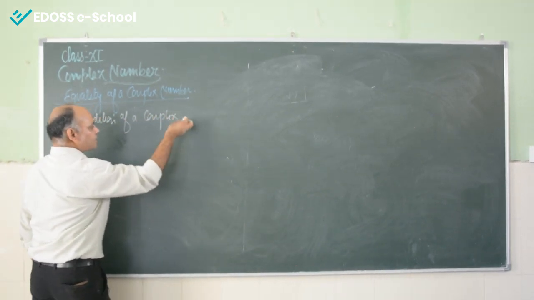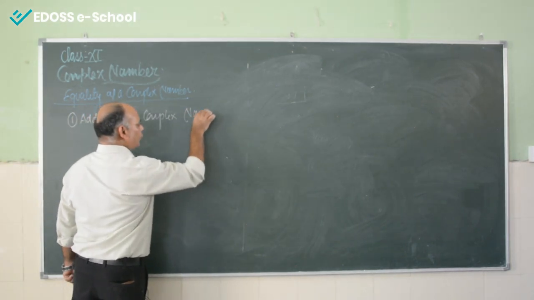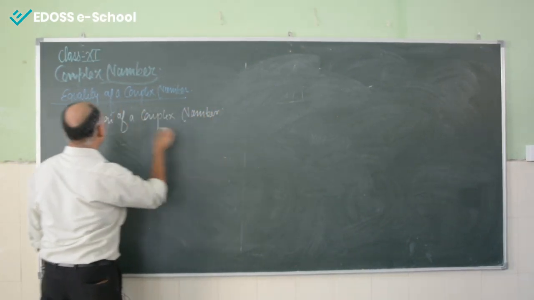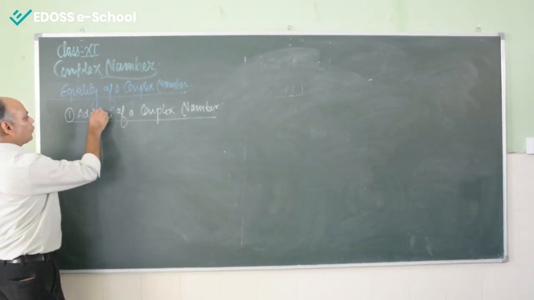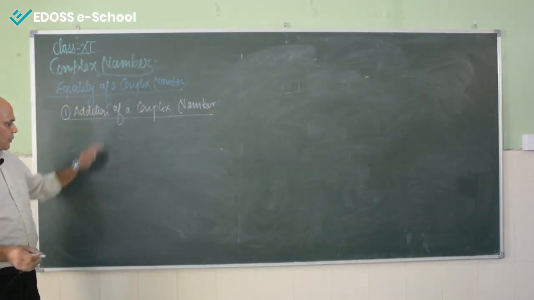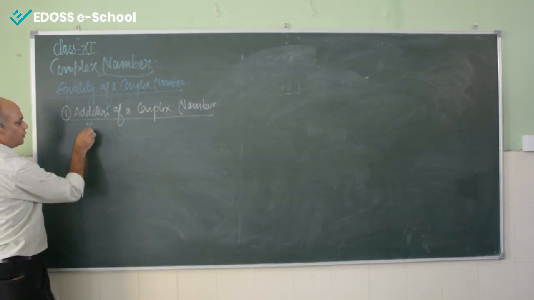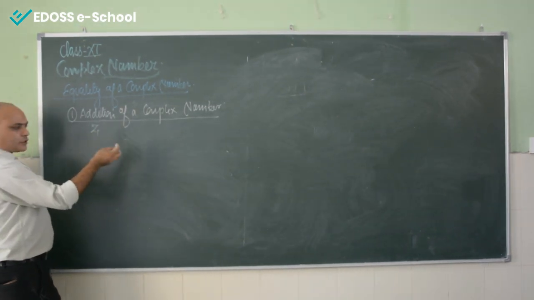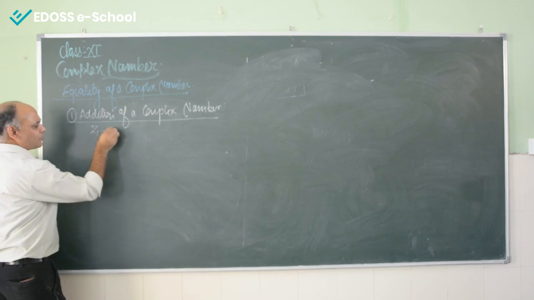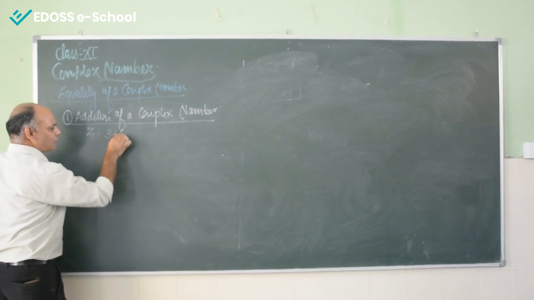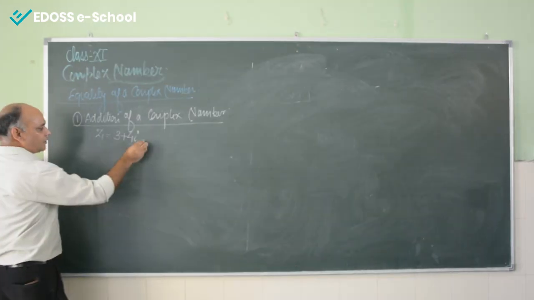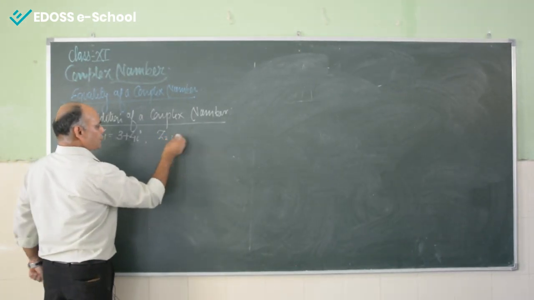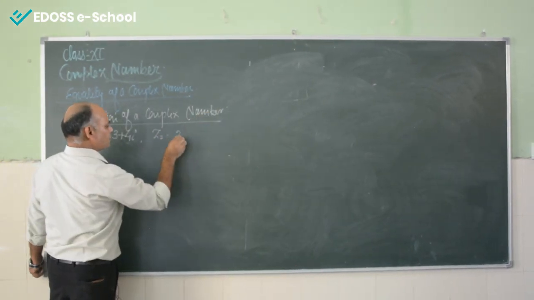How are complex numbers added, or how can you perform the operation of addition? The first topic is addition of complex numbers. Suppose Z1 is the first complex number and it is equal to 3 plus 4 iota, and the second, Z2, is equal to 2 plus 3 iota.